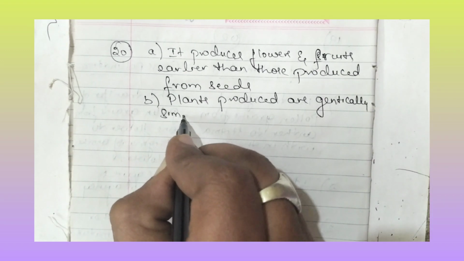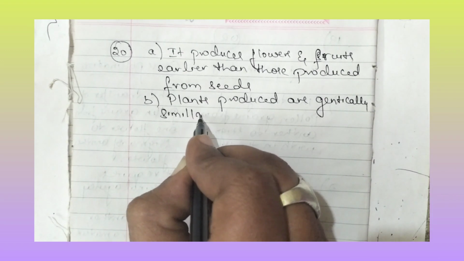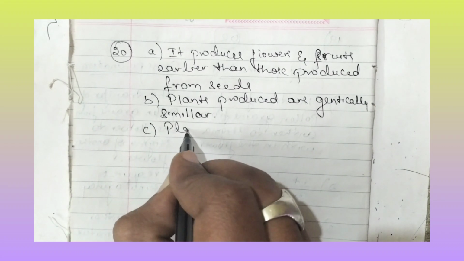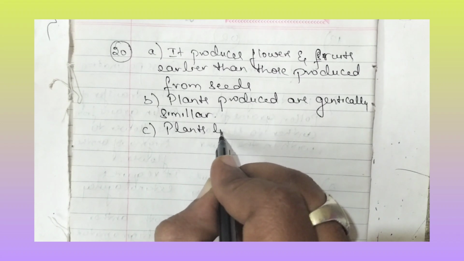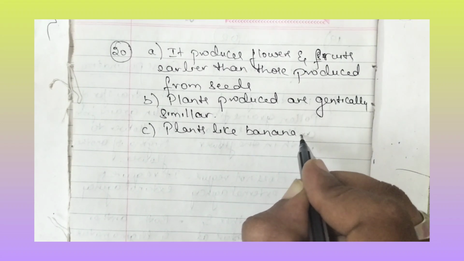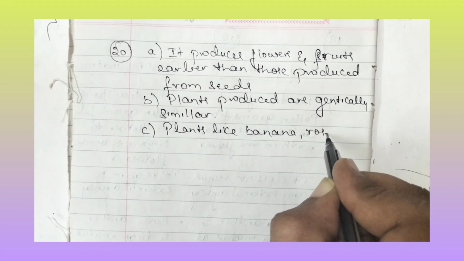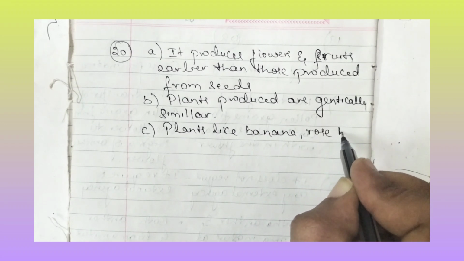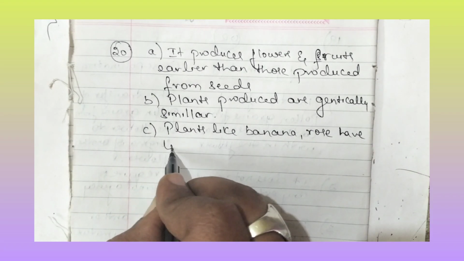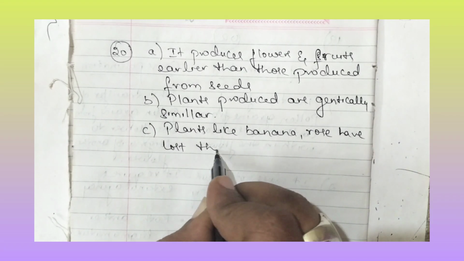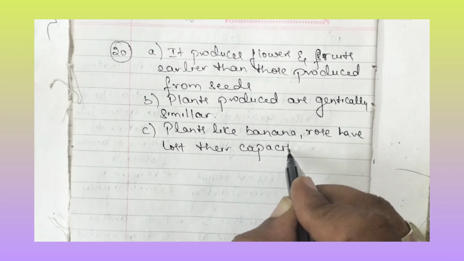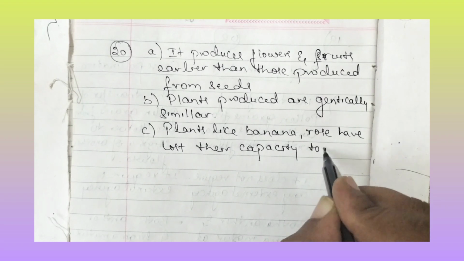The third one: plants like banana and rose have lost their capacity to produce seeds.